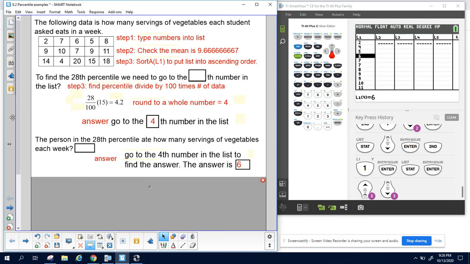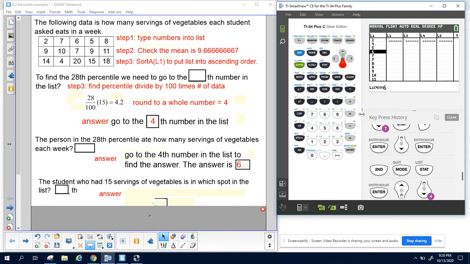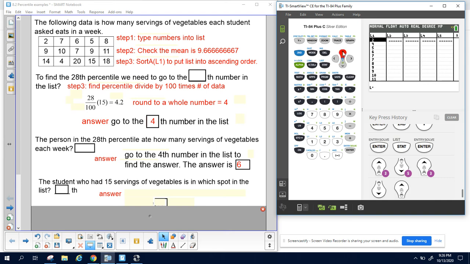All right, we can go a different direction with percentile questions. For example, the student who had 15 servings of vegetables is in which spot in the list? They want you to come over here to the list and arrow up or down until you find the 15.